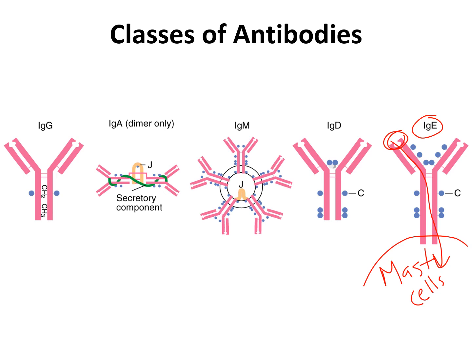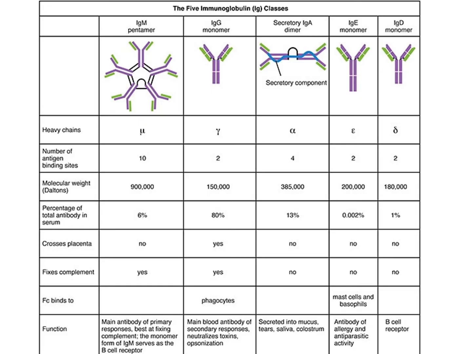So these are the 5 classes of antibody: IgG, IgA, IgM, IgD, and IgE. So you should know their basic structures, where they are found, other characteristics, and what they do. As a review, this is a table that compares the 5 different classes of antibodies.